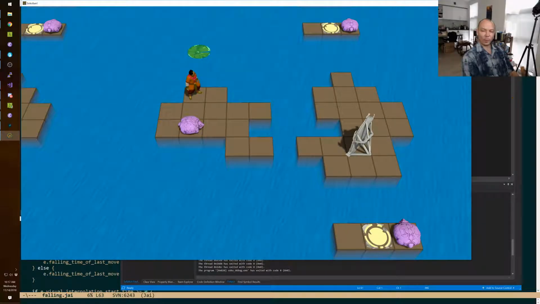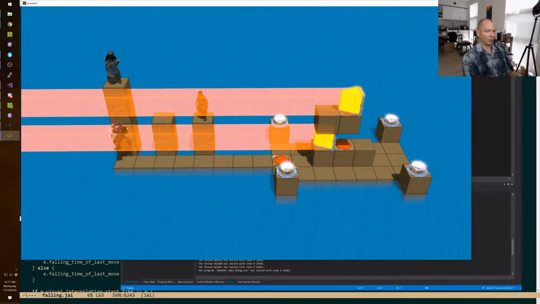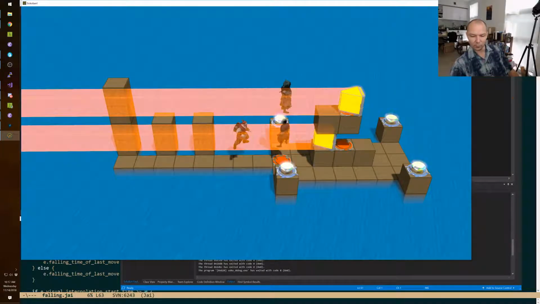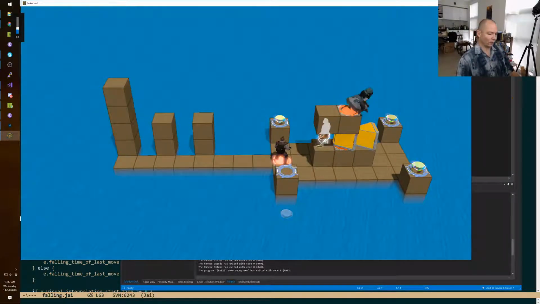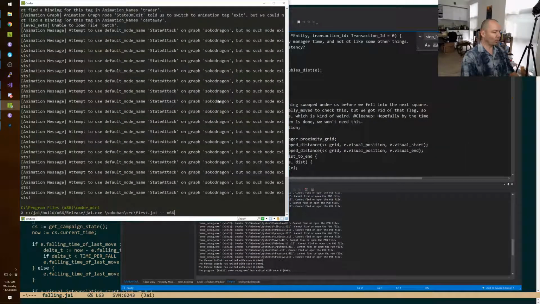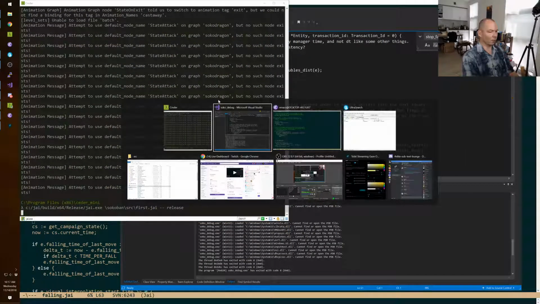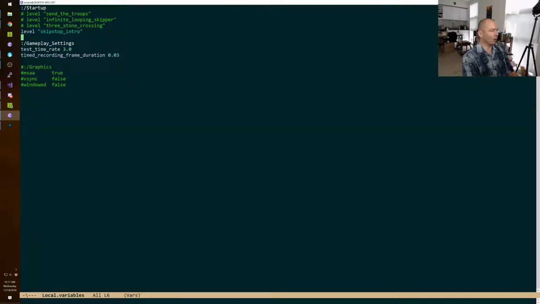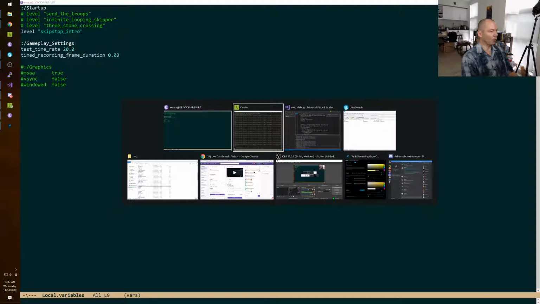Any questions about what we just did while we're running this? Oh, wait, hold on. Okay, so let's make a release build. We're playing tests at like 1x speed or 3x speed, which is no good. We got to crank it up to 20 like we played last time.